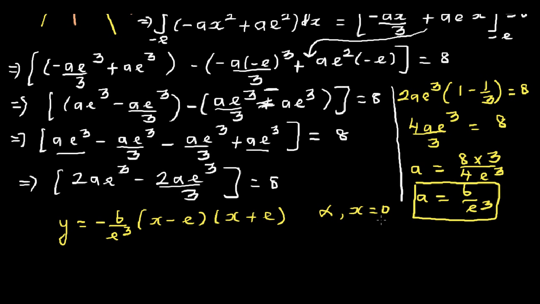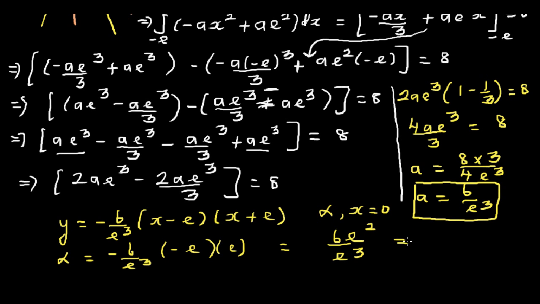So alpha is equal to minus 6 over e cubed times minus e times e, which is, minus and minus become plus, so plus 6e squared divided by e cubed. So alpha is 6 over e. The exact value of alpha is 6 divided by e.